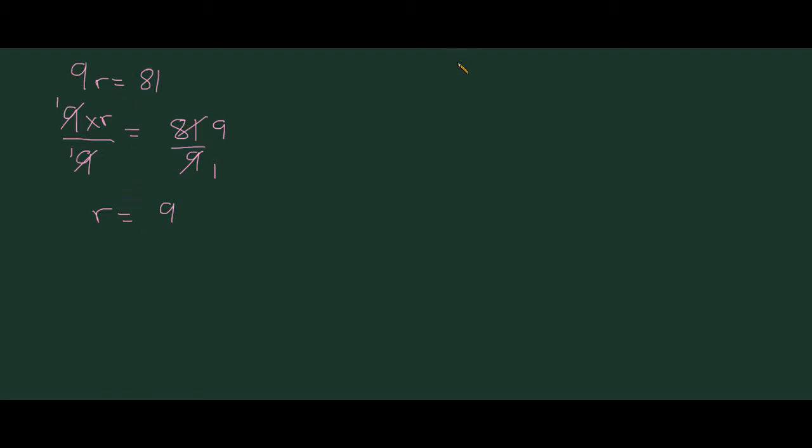Also we have p over 6 is equal to 8. To make p stand alone, we multiply both sides by 6, and this would be p. These are division sentences, and we can see multiplication sentences.